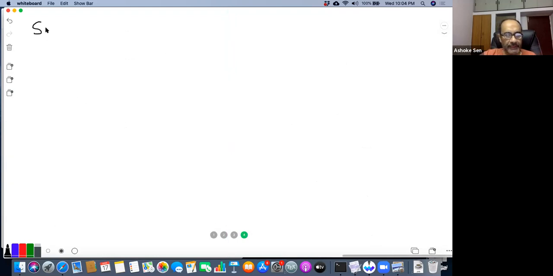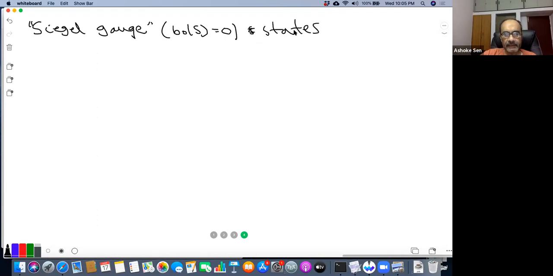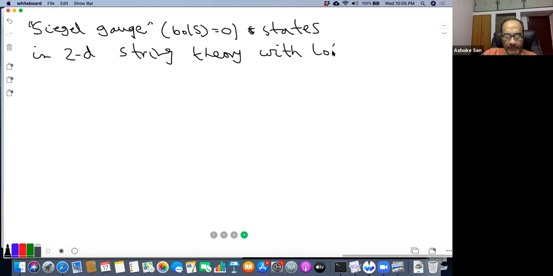Siegel-Gauge states. In this case, Siegel-Gauge basically just means B0 equal to 0 states in 2D string theory with L0 less than or equal to 0.